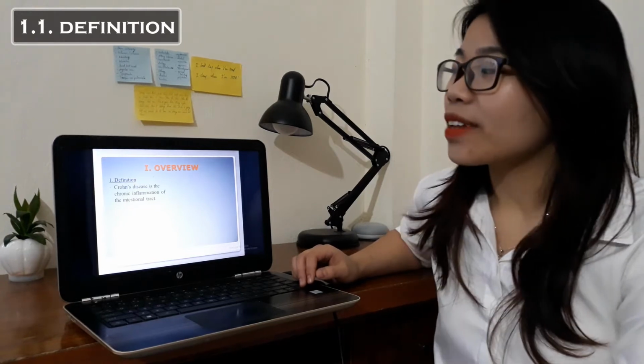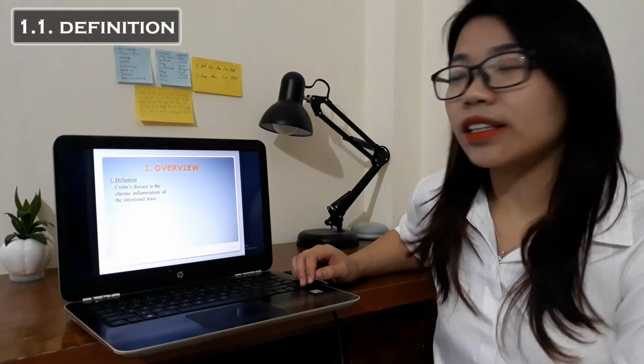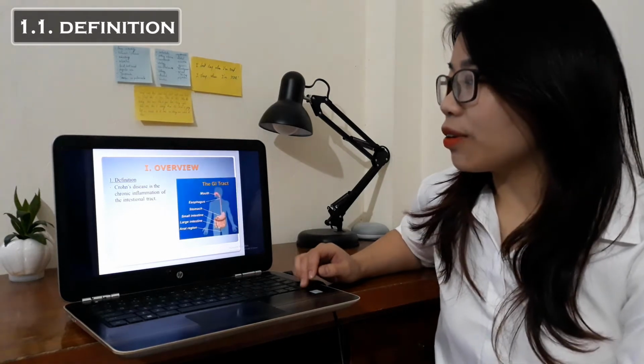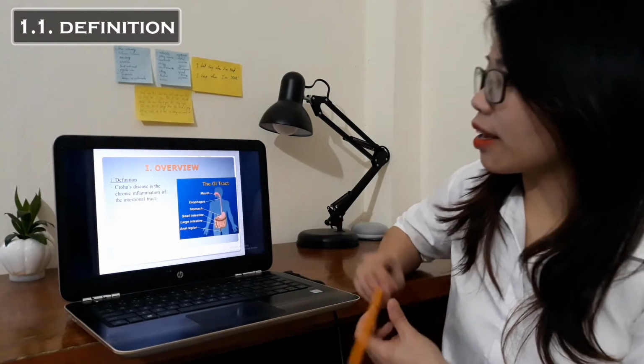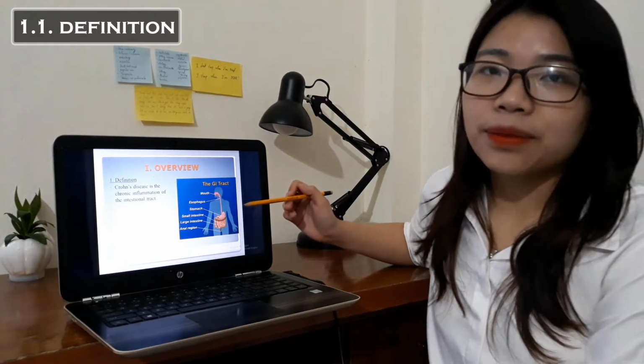So first of all, what is Crohn's disease? Crohn's disease is a chronic inflammation of the intestinal tract. So you can see here is the GI tract or the digestive system.